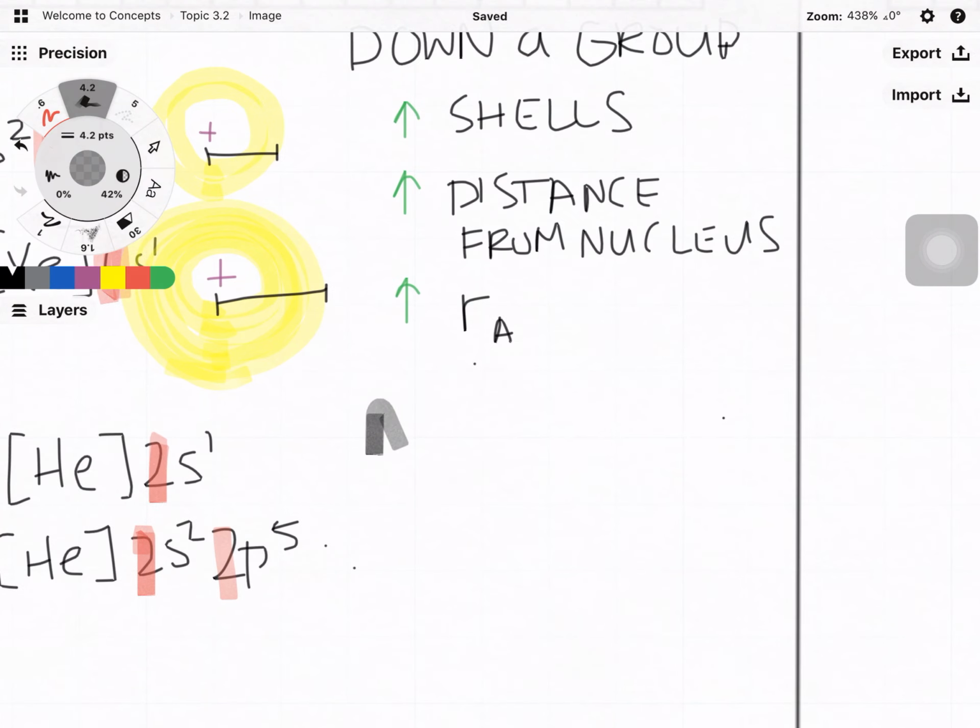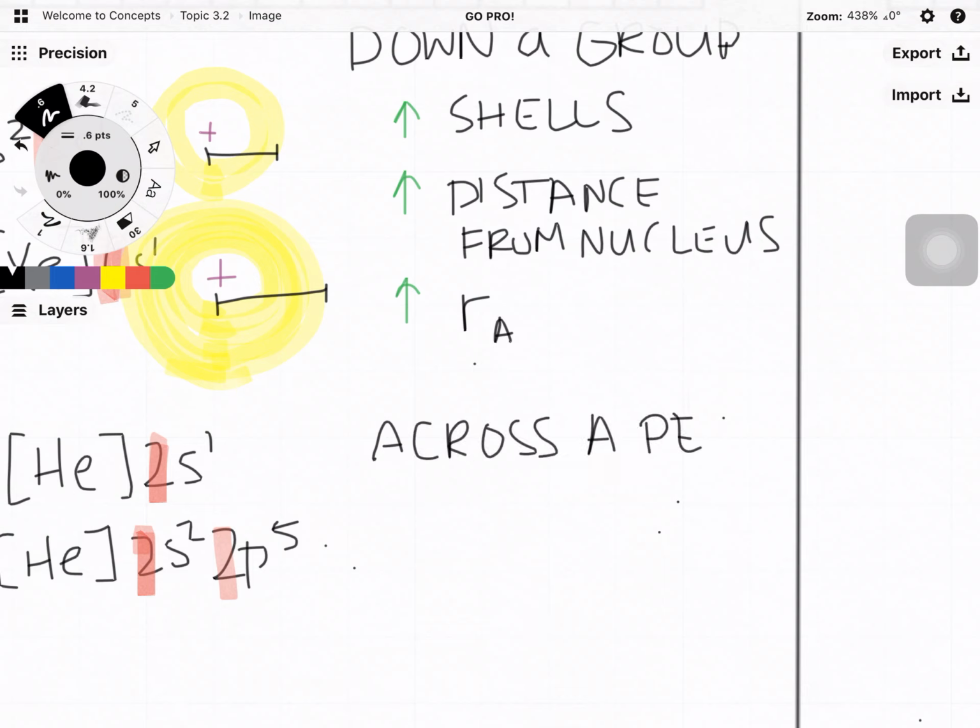So I was saying that there's the same number of shells that are occupied.